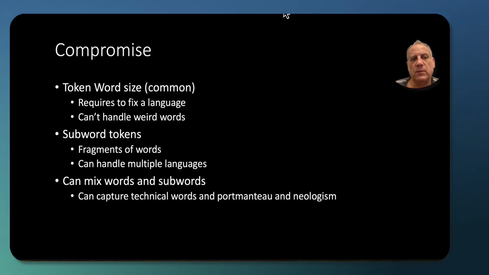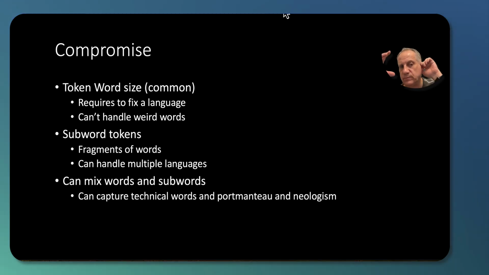So usually we're looking at a compromise. Typically, we're thinking about our tokens being words. Now, a disadvantage with actually using whole words for our token size is that we'll have to fix a vocabulary in a language.